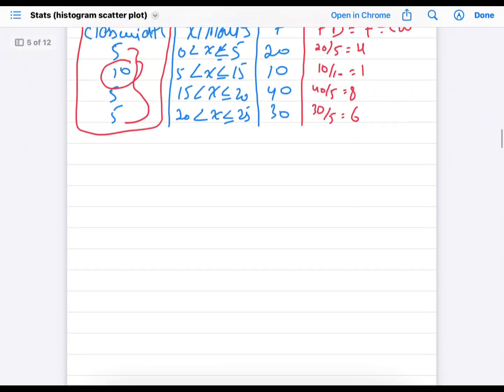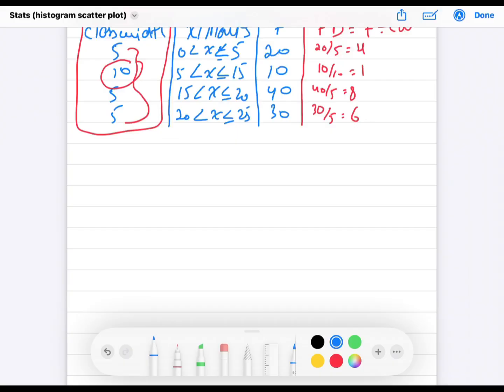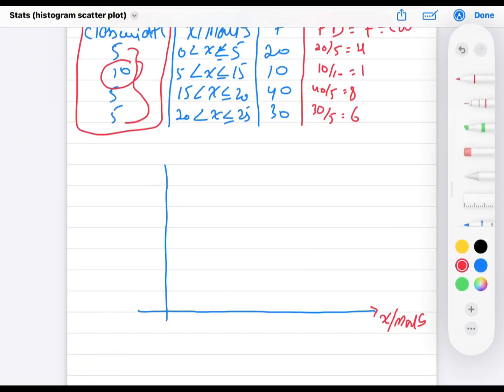Now what we need to do is make a graph. The x-axis will remain the same, that is known as marks. So the range of marks, we can see is 5, 10, 15, 20, 25. So that's why I'm writing here 5, 10, 15, 20 and 25.